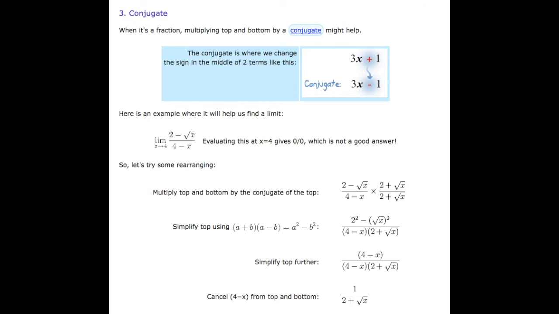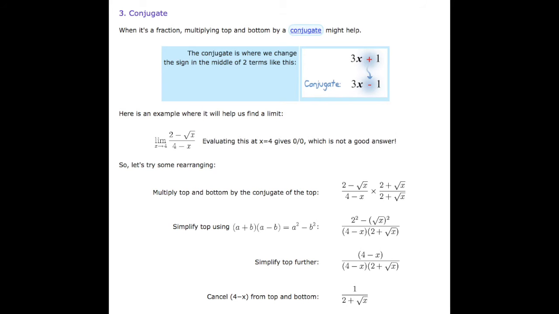Evaluating this at x equals 4 gives 0 over 0, which is not a good answer. So let's try some rearranging. Multiply top and bottom by the conjugate of the top. So first, we have to multiply top and bottom by the conjugate of the top, which is 2 minus square root of x over 4 minus x times 2 plus square root of x over 2 plus square root of x.